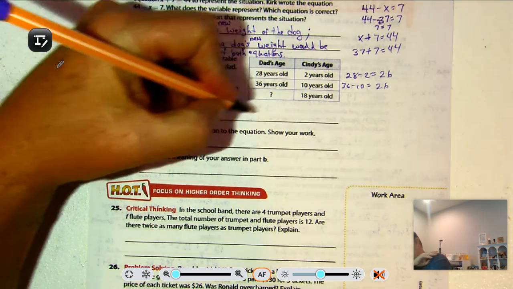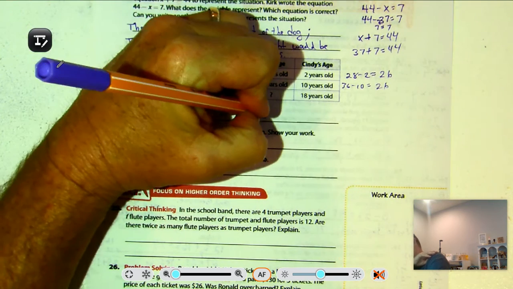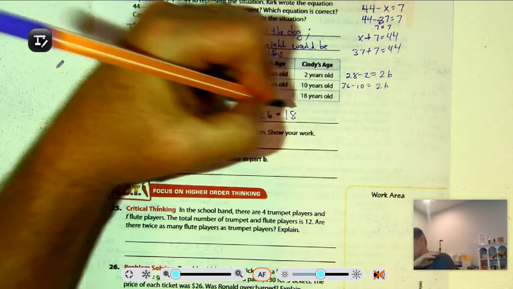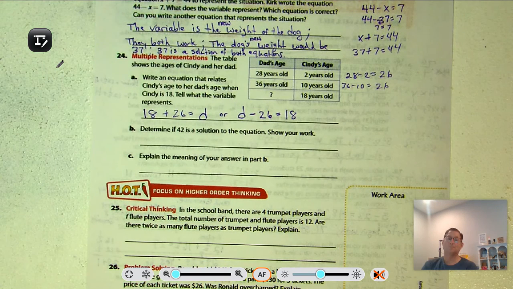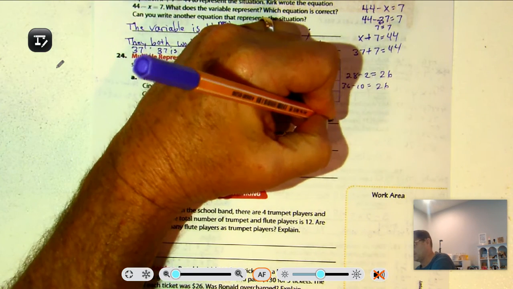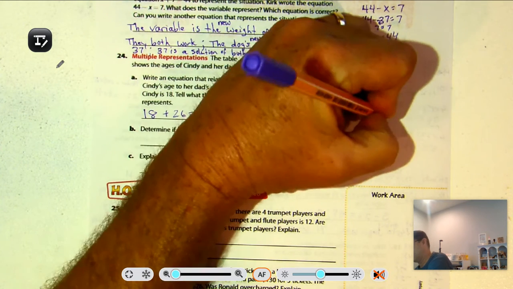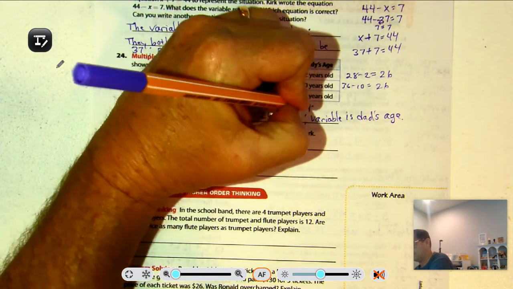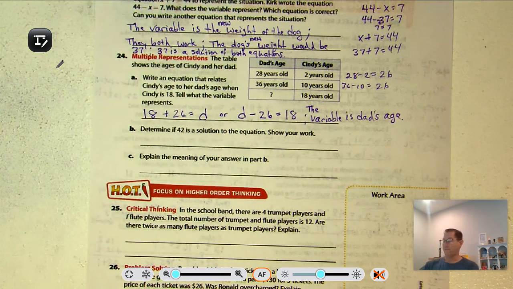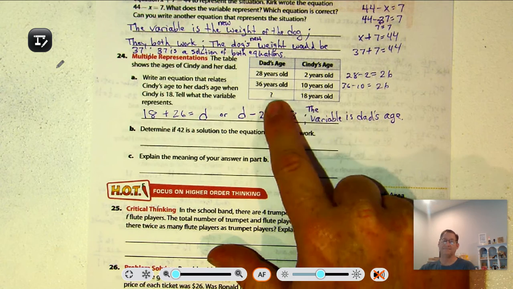We could also say dad's age minus 26 equals 18. The variable is dad's age. So whatever dad's age is, minus 26 will give us 18.